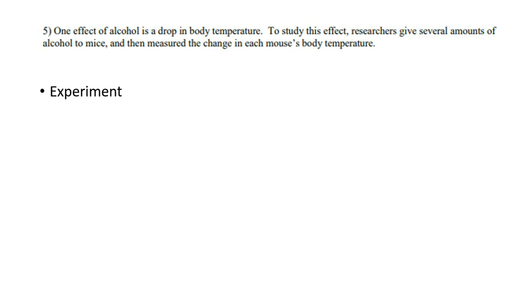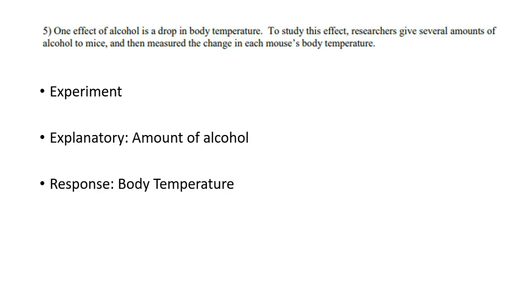It is an experiment because you're giving a treatment, alcohol in this case, to mice, and then you're seeing how their body temp changed. So the explanatory would be the amount of alcohol. So that's what's being treated to them. And then the response was, did their body temperature fall? Did their body temperature rise? That's your response. So you're trying to see, is alcohol the reason for the body temp change?